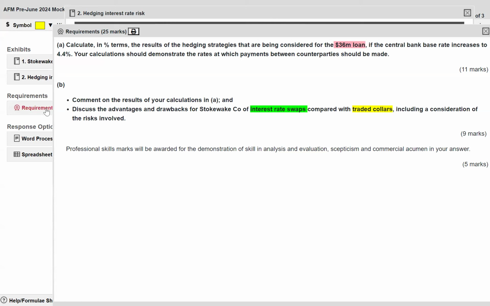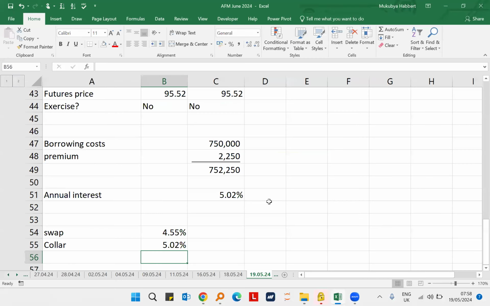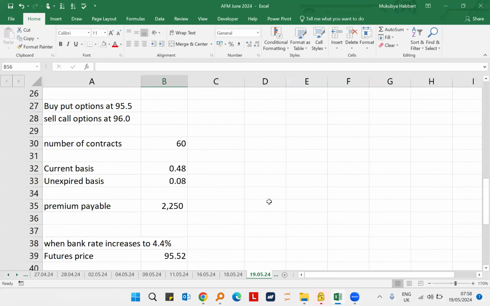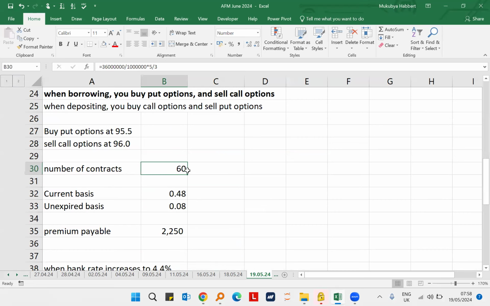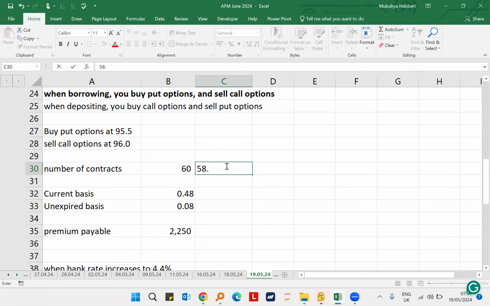Yes, it is. You see, when we did the calculation of how many contracts we needed for the collars, we got lucky and got 60 as a round number. But in the examples we have been doing before, we have been getting numbers like 59.2 or 59.3.